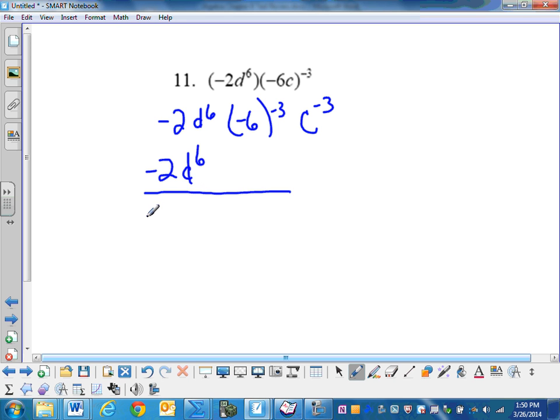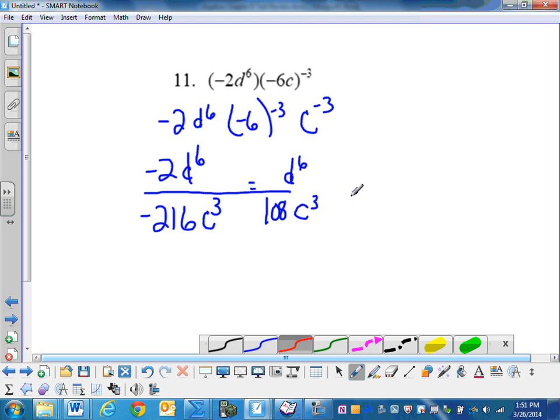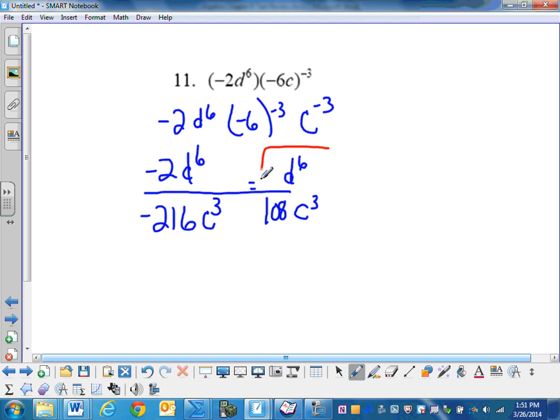That's going to be a negative 216, c to the third. And then negative 2 divided by negative 216 is going to leave me 1 over 108 with a d to the 6 in the top and a c cubed on the bottom. And I probably didn't need that 1. So there's my answer here.